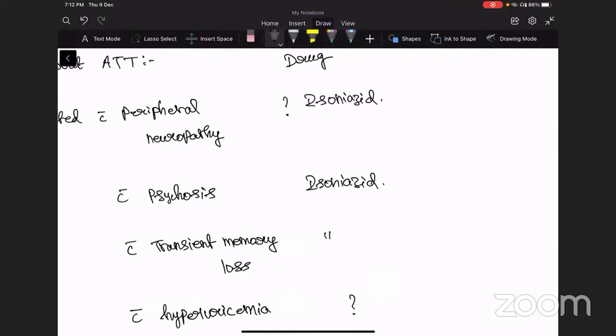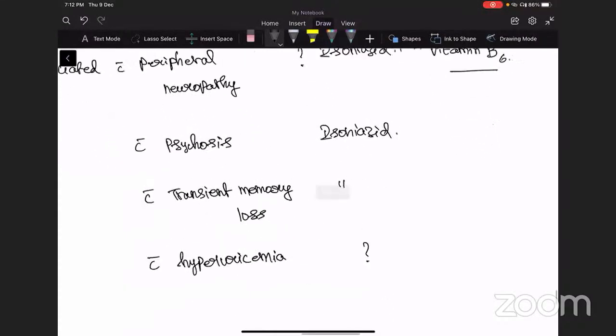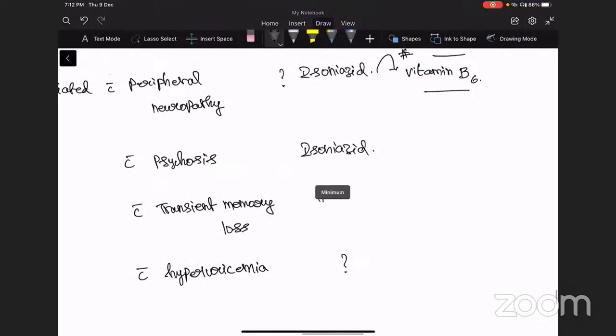Isoniazid inhibits absorption of which vitamin? Vitamin B6. Vitamin B6 is important for the strength of the nerve, and when there is a decrease in vitamin B6, it is going to end up in a neuropathy. Isoniazid inhibits the absorption of vitamin B6, so it is going to cause a peripheral neuropathy. Not ethambutol.